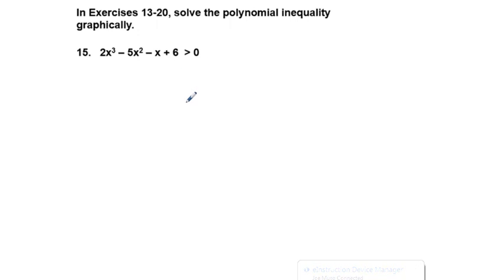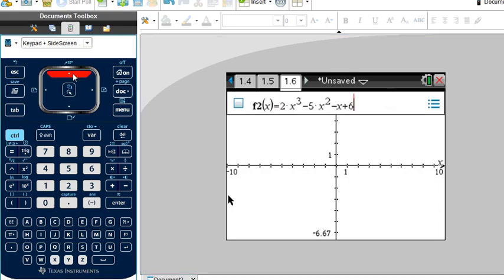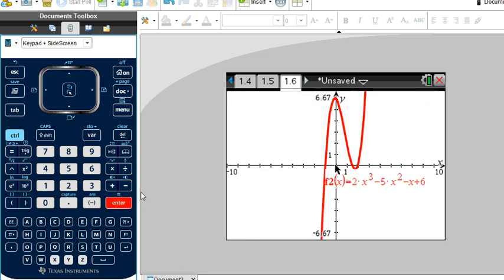So I take that as license to go to our graphing calculator, and we enter the function 2x cubed minus 5x squared minus x plus 6. Press enter. We have zeros here: it looks like x equals negative 1, maybe about x equals 3/2 or something like that, and x equals 2.